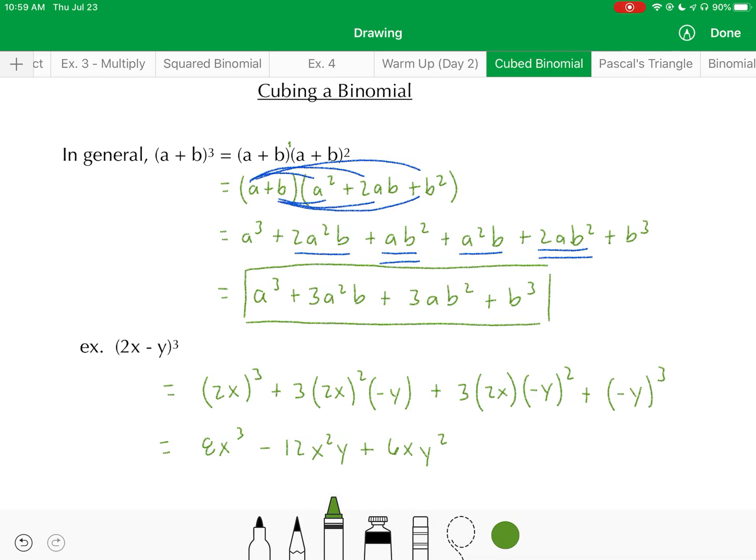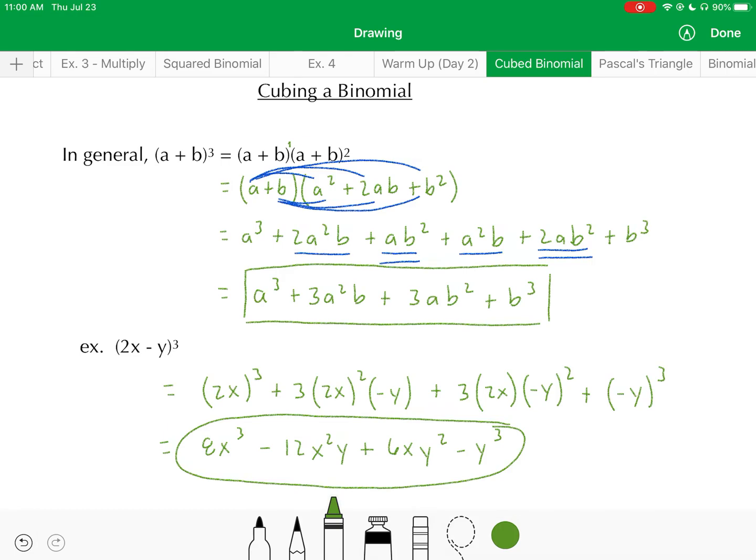And then negative y raised to the third power is going to give me negative y cubed. Okay. All right, so again, if you know that formula for a plus b raised to the third power, it can just make things a little bit quicker for us when we're trying to cube the binomial than having to actually follow through with all the distribution.